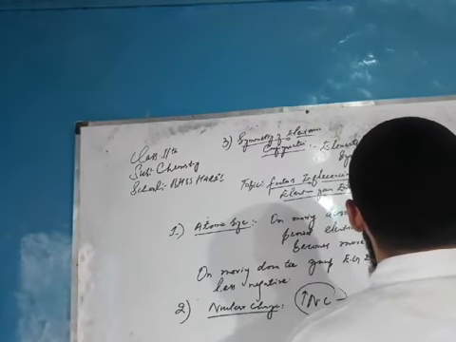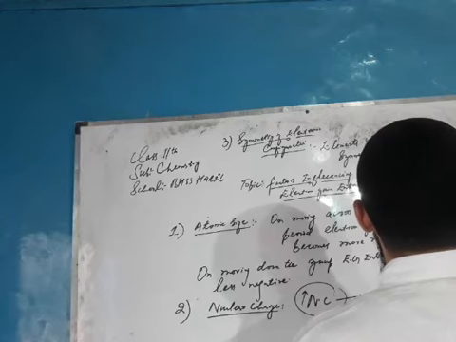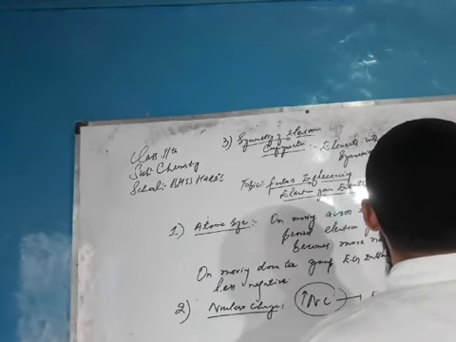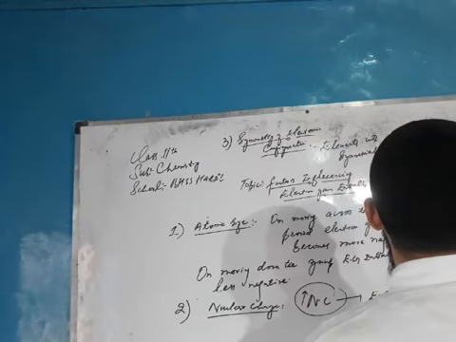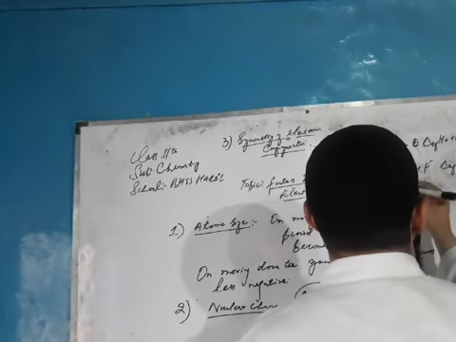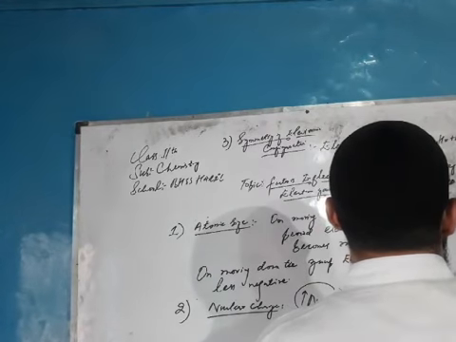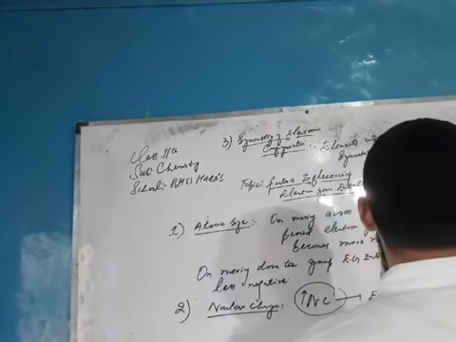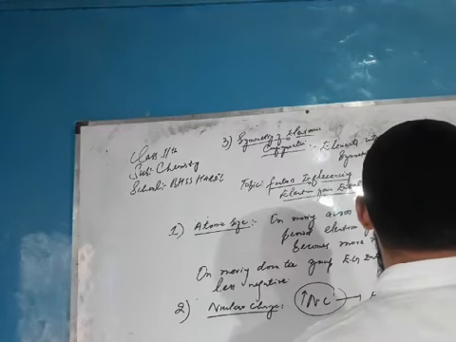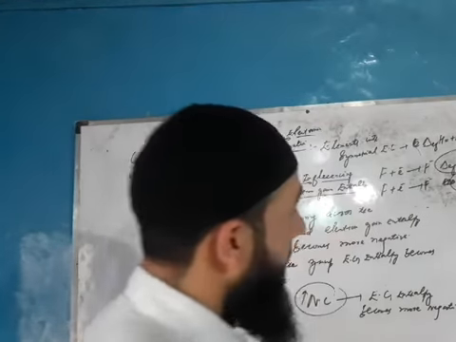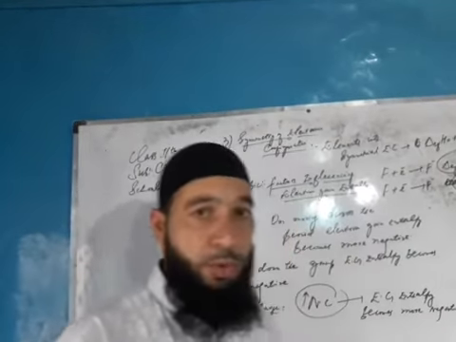When fluorine gains an electron, it forms F negative, and the electron gain enthalpy is minus 349 kilojoule per mole. The electron affinity value is the same, but with a positive sign, 349 kilojoule per mole. So the only difference between the two is the sign.